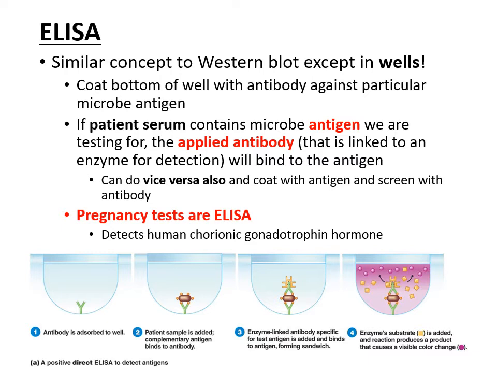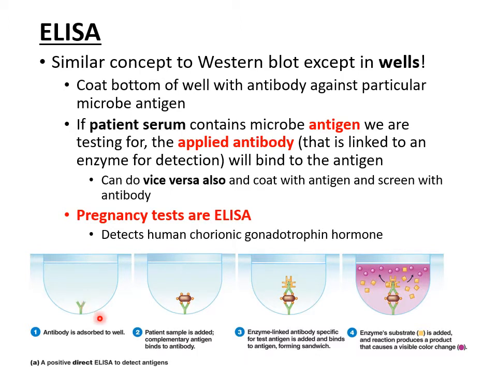The last one for serology is ELISA, and that's the one that you'll perform in lab. This is a similar concept to Western blot, except now it's performed in wells or even in flat strips. Okay. Now with this, what you do is you coat the bottom of each well with an antibody, so that you see here, an antibody matching the suspected antigen.